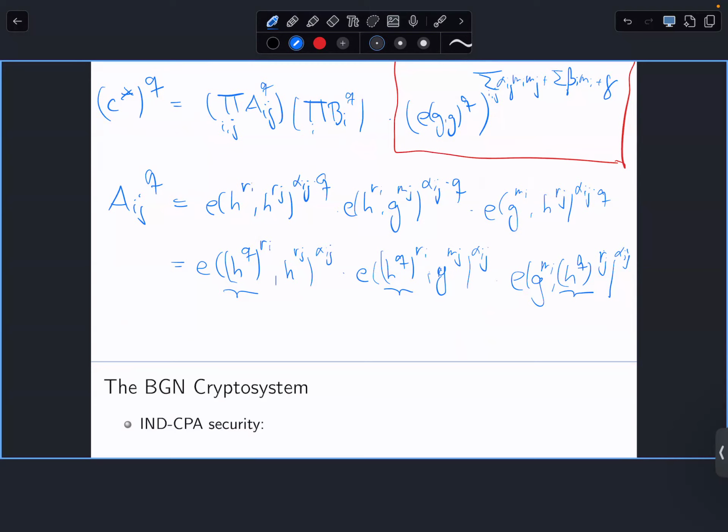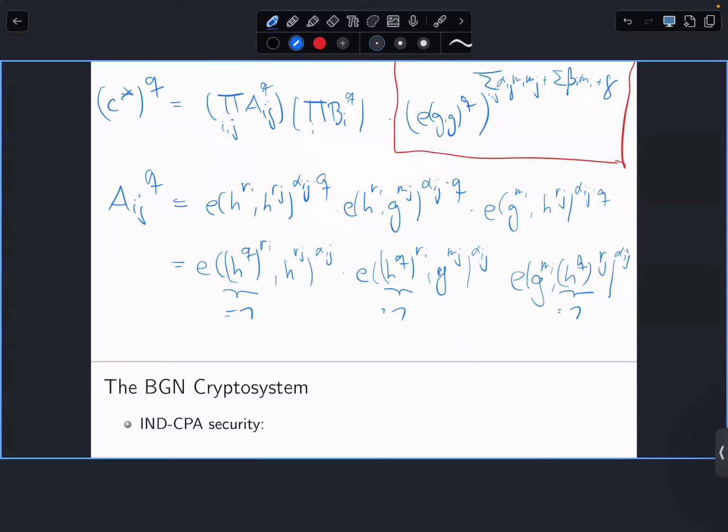They are all one, exactly. So this guy is one, this guy is one, and this guy is one. And what happens if we pair something up with one? Recall that one is G to the 0.